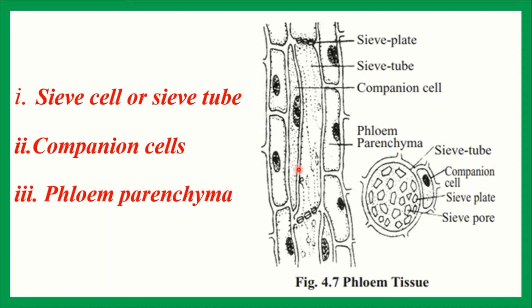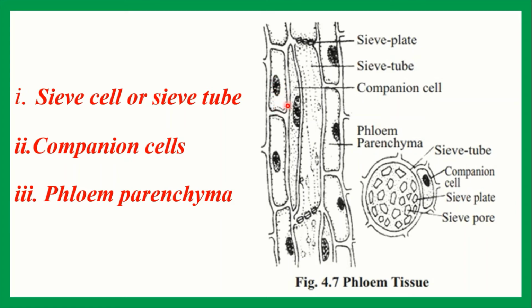Third one is phloem parenchyma. Phloem parenchyma is basically a parenchyma cell associated with the phloem. They are living. The cell wall is thin and made up of cellulose. Everybody see this figure. This one is a phloem parenchyma, a parenchymatous cell.